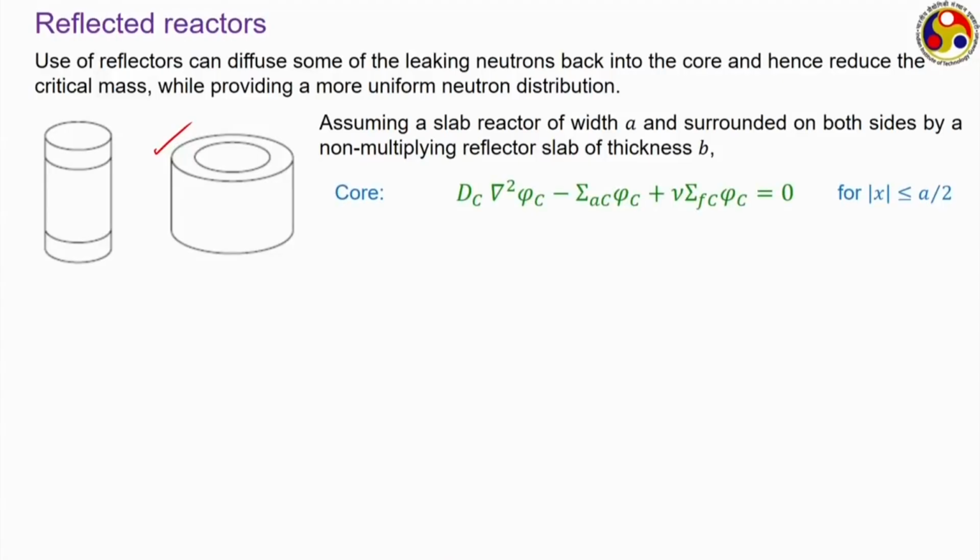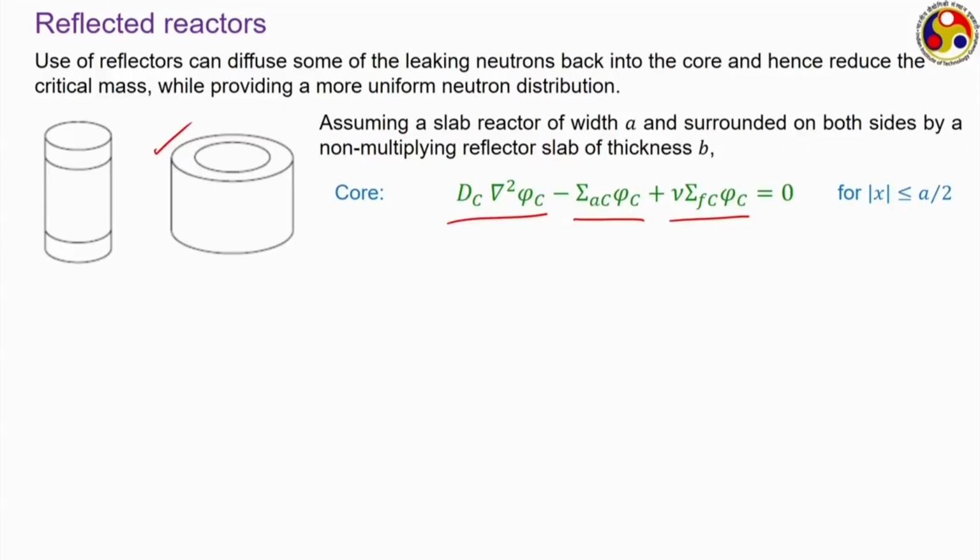For the reactor core we can write the conservation equation in just the same form: the diffusion part, the absorption part and the generation part because of fission, but this equation is applicable for x equal to 0 to a by 2. Here mod x is written because diffusion can occur in both the positive and negative coordinate directions.